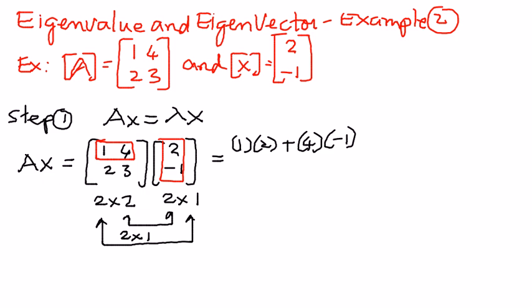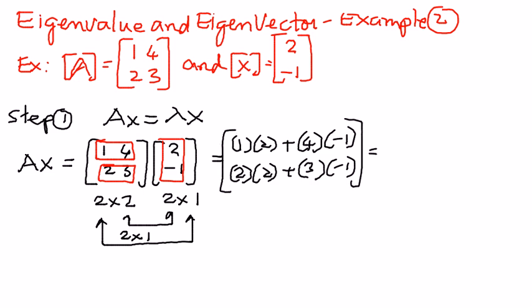Then we take the second row and repeat the process. So it is going to be 2 times 2 plus 3 times -1.